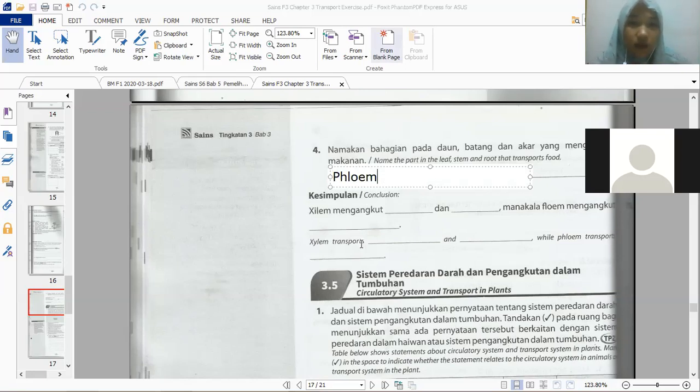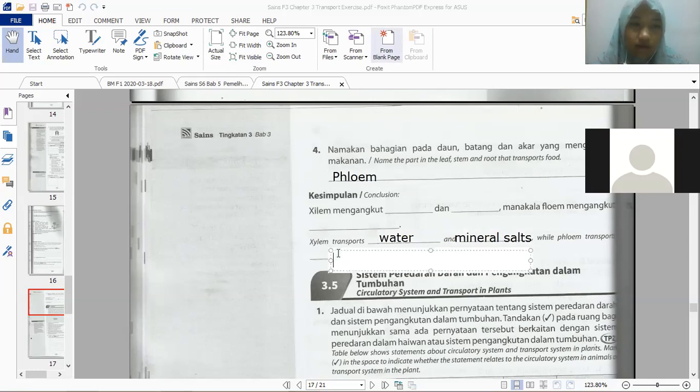Okay, so then the conclusion, what can be made is xylem transport what? Transport water and mineral salt. Yes, water and mineral salt. Okay, then while phloem transport glucose.